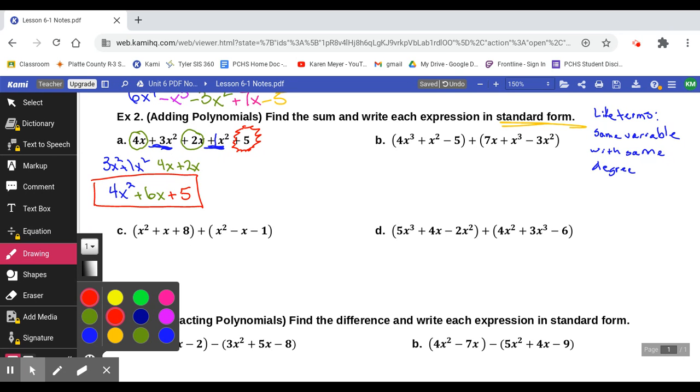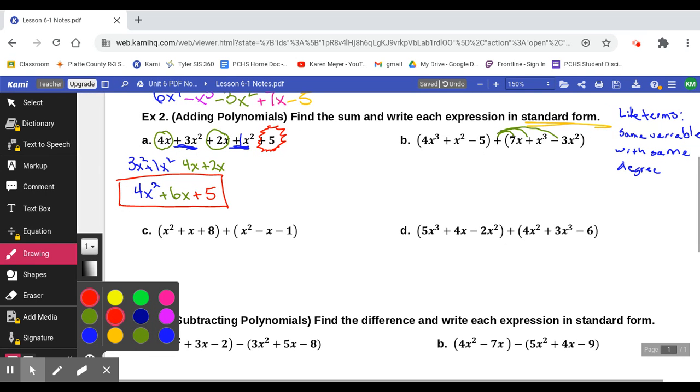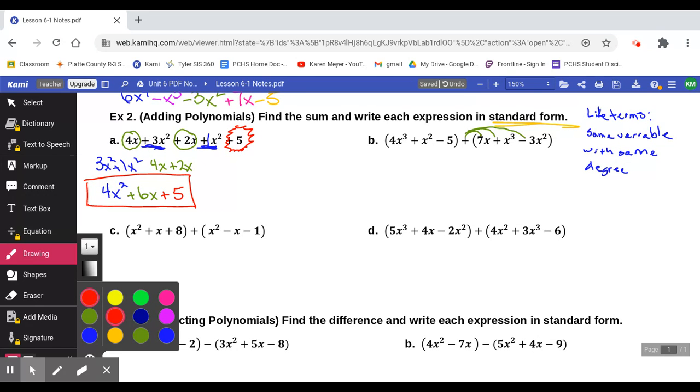Now, sometimes you're going to notice the problems will have parentheses in them. Okay, so don't let the parentheses fool you. Just pretend like the parentheses are not there. And the reason we get to do that is because if you use distributive property and you distribute a plus sign, a positive times anything is just itself. So we just pretend like the parentheses are not there. So once again, scan for the highest exponent. And that's going to be x to the thirds.